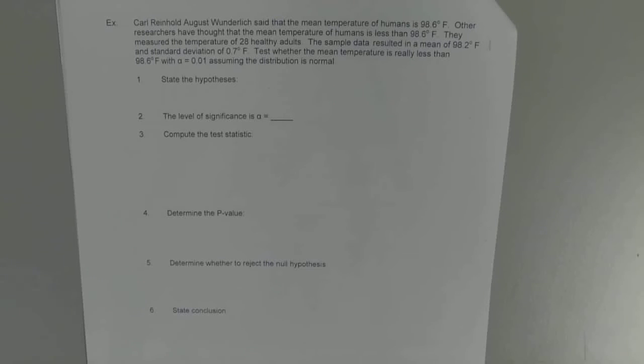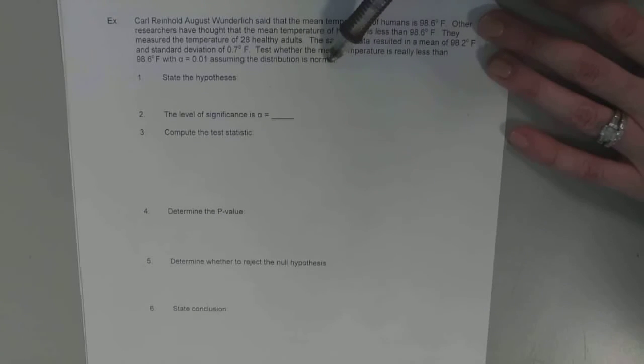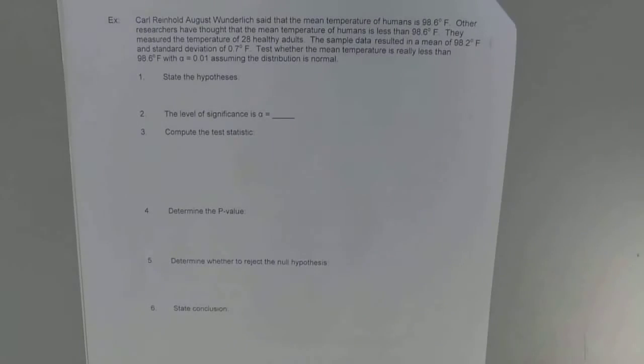The sample data resulted in a mean of 98.2 degrees Fahrenheit and a standard deviation of 0.7 degrees Fahrenheit. Test whether the mean temperature is really less than 98.6 degrees Fahrenheit with alpha equaling 0.01 and the distribution is normal. Again, they had to say this because what was our sample size? 28. Since our sample size wasn't bigger than 30, we have to have that normal distribution.